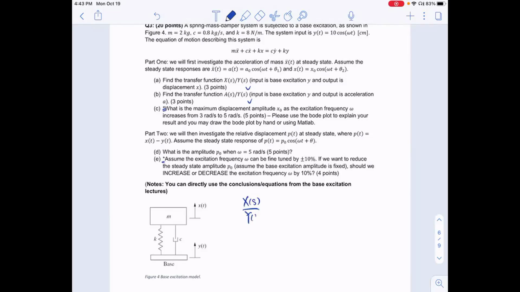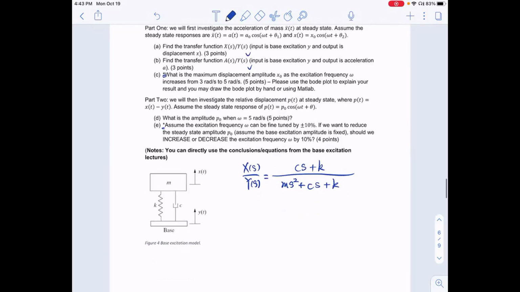X(s) over Y(s). You just do Laplace transform, move things around, and then you get cs plus k. If you do want to normalize both top and bottom by m, then you get the normalized format.